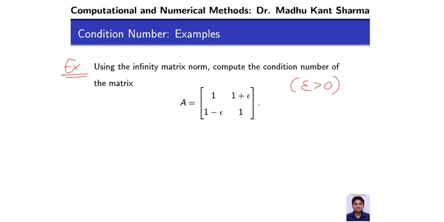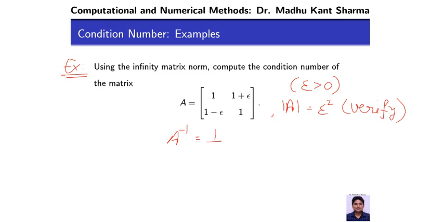For this matrix you can find A inverse. The determinant of this matrix A is equal to epsilon square, which you can verify. It's very easy, a 2 by 2 matrix, you know how to find its determinant.